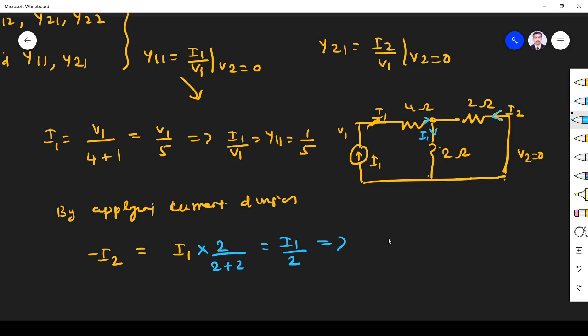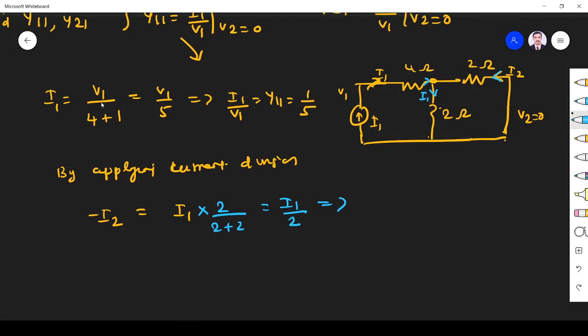This implies minus I2 is equal to I1 by 2. We just found I1 is V1 by 5. Substituting I1 equal to V1 by 5, I2 is equal to minus V1 by 10.